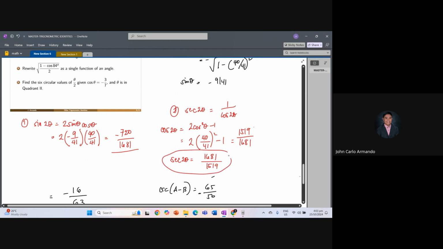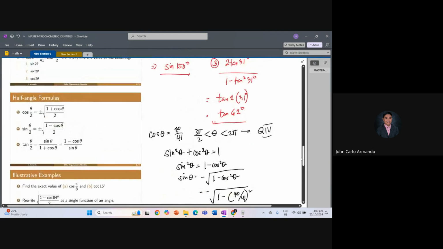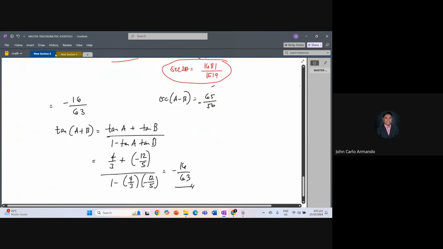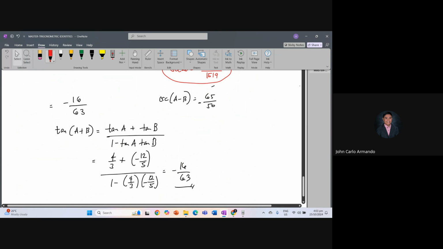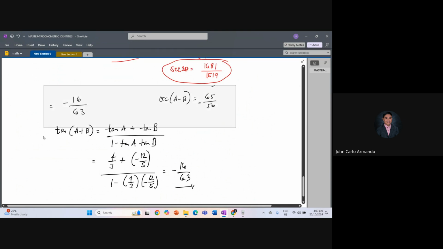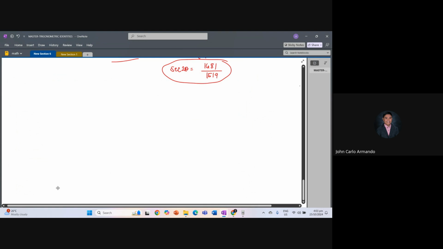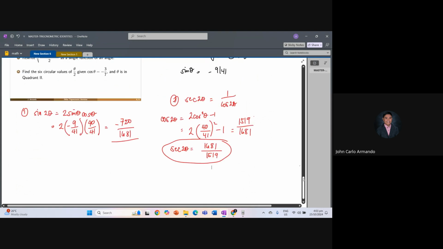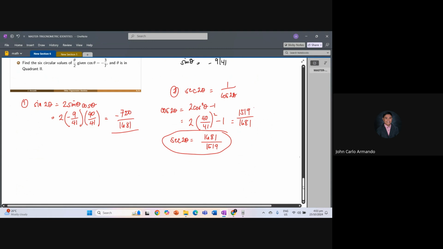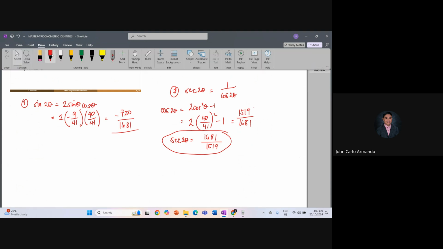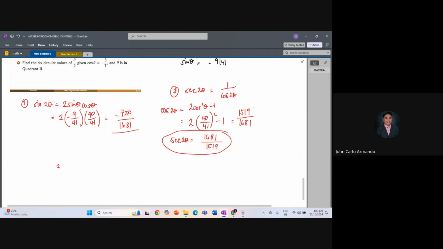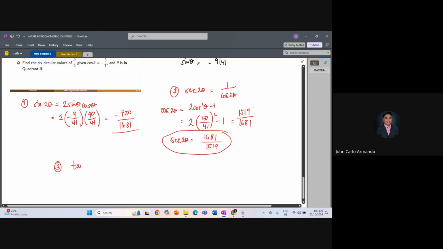Okay? And the last one is cotangent 2 theta. Same process. We simply get first the value of tangent 2 theta, using the formula 2 tangent over 1 minus tangent squared.